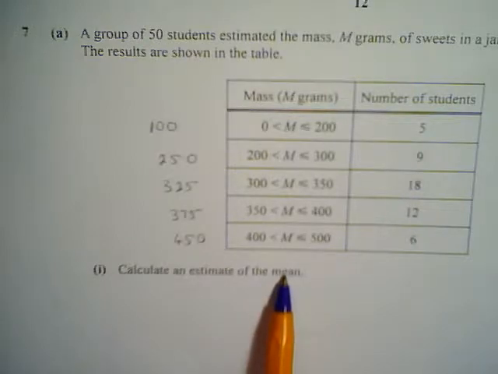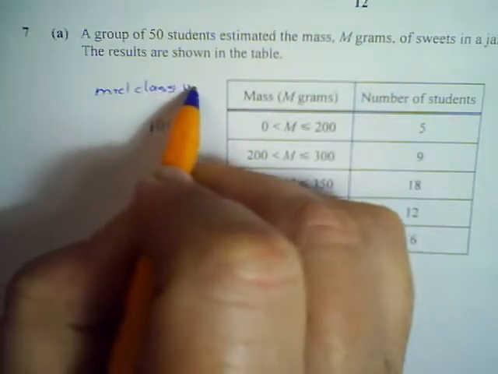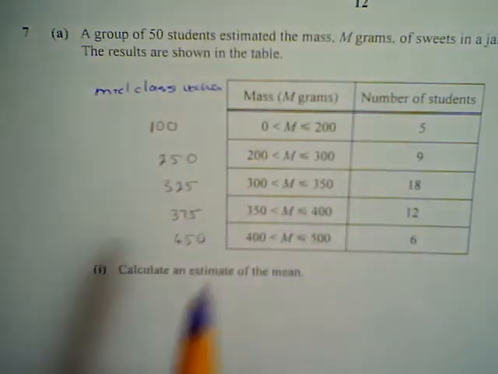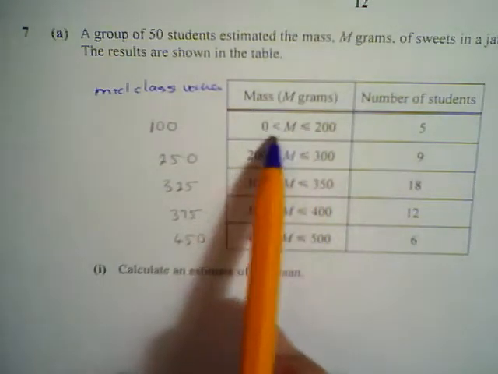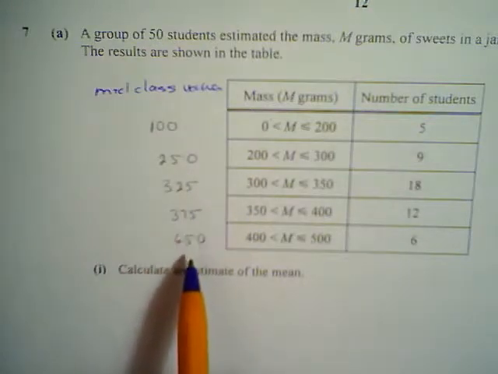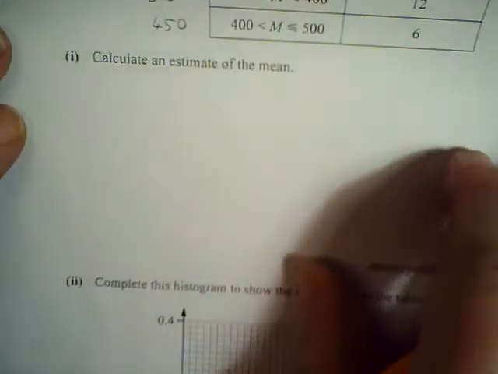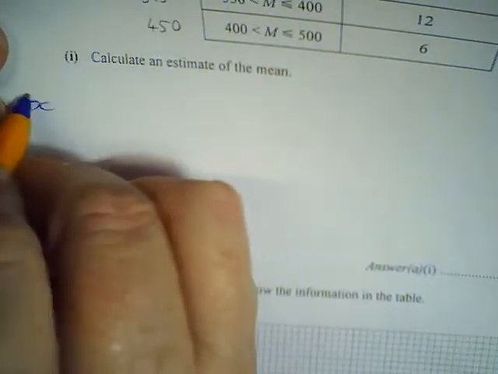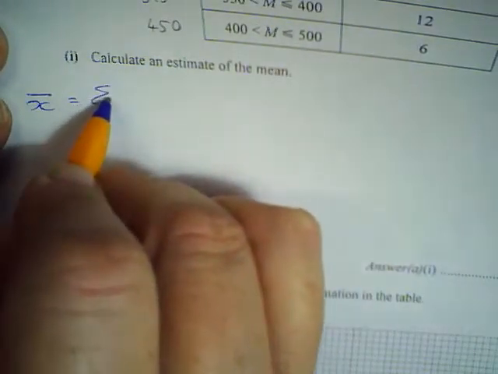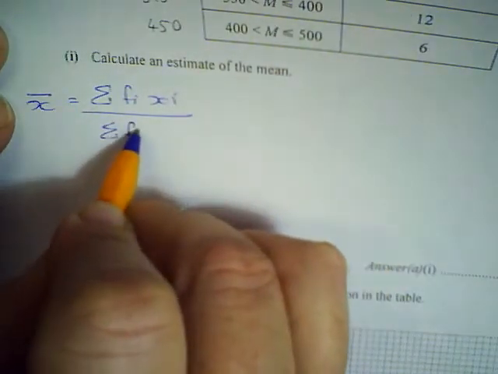So to find the estimated mean, I have to find the mid-class value. I've done that already. How do I find the mid-class value? I add these two up and divide by 2. That would give me these values that I've written down. So the estimated mean is x bar, the sum of fi xi divided by the sum of fi.